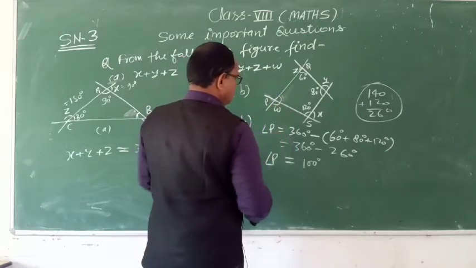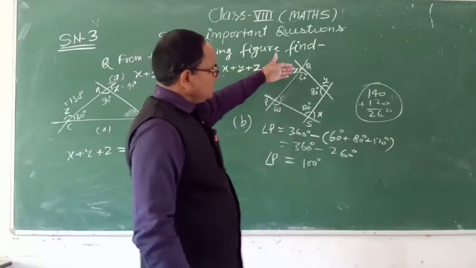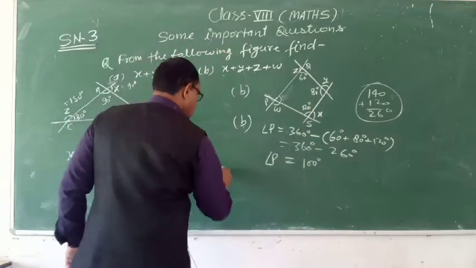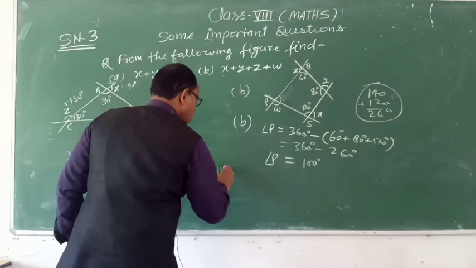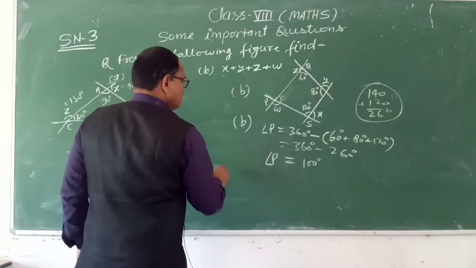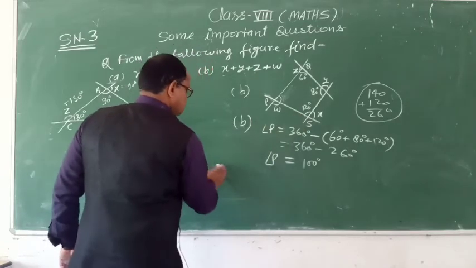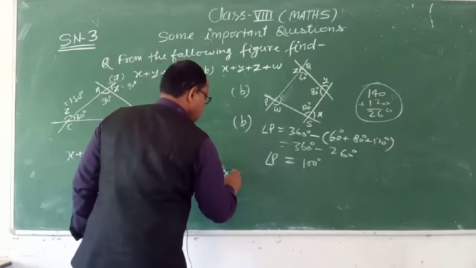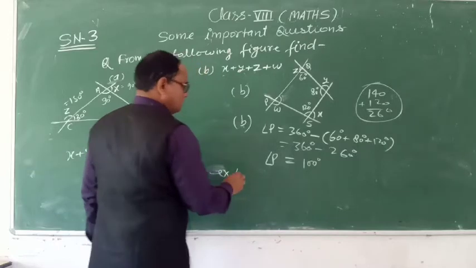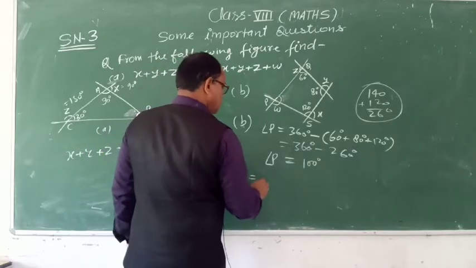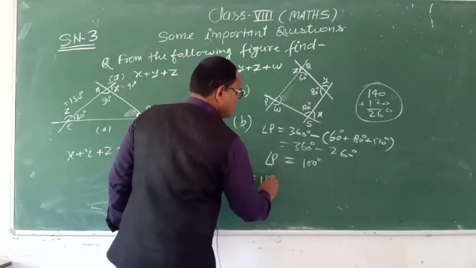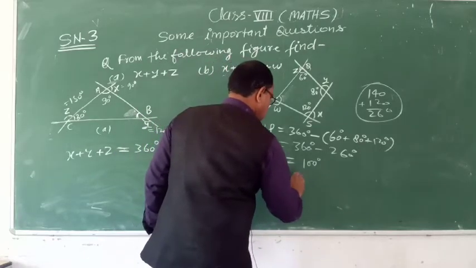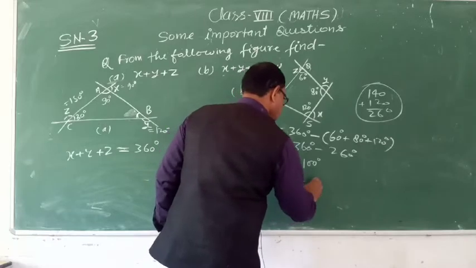Okay. After this, we can determine the exterior angles stepwise. Here exterior angle x is equal to 180 degrees minus 120 degrees is equal to 60 degrees.